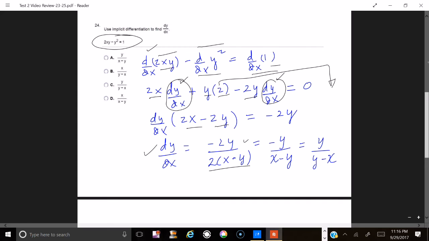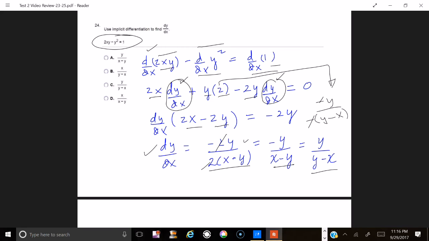Factoring out the 2, we get minus y over x minus y, which is also, if we make this minus y over minus y minus x, the negatives cancel and we get y over y minus x, which is answer C.